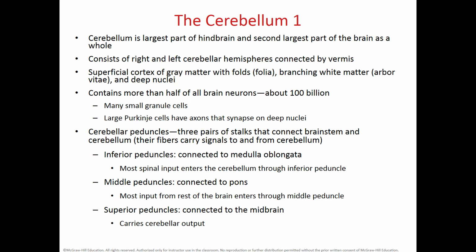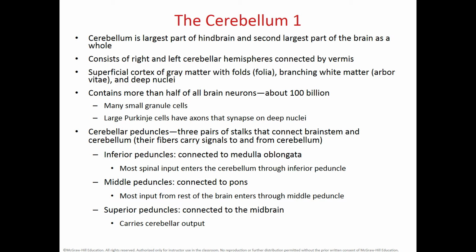Now for the cerebellum. So the cerebellum is the largest part of the hindbrain and is the second largest part of the brain. It has these two hemispheres, left and right, separated by the vermis, which is located all along the superior and posterior surface of the cerebellum.